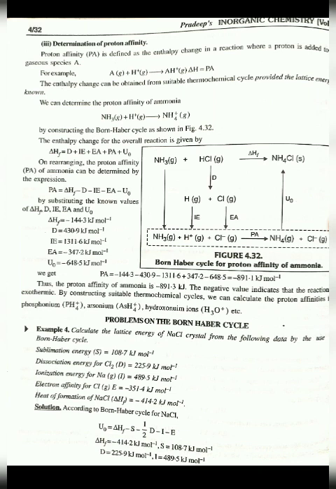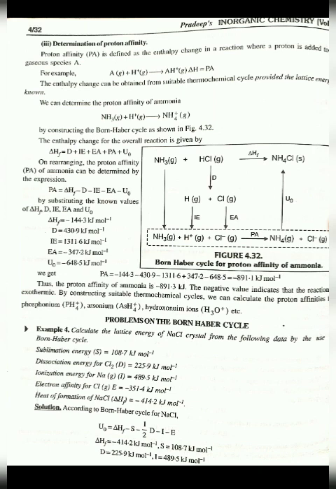The enthalpy change for the overall reaction is given by delta HF is equal to D plus IE plus EA plus PA plus UO. On rearranging, the proton affinity PA of ammonia can be determined by the expression PA is equal to delta HF minus D minus IE minus EA minus UO, by substituting the known values of delta HF, D, IE, EA and UO.